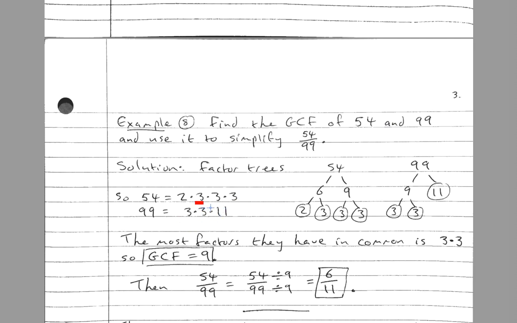Well, 3 is a common factor, and they also share another 3. 54 has a 2, but there's no 2 here. 54 has another 3, but there's nothing to match it here. And 99 has an 11, but there are no 11s up here. So the greatest common factor is 3 times 3, or 9.